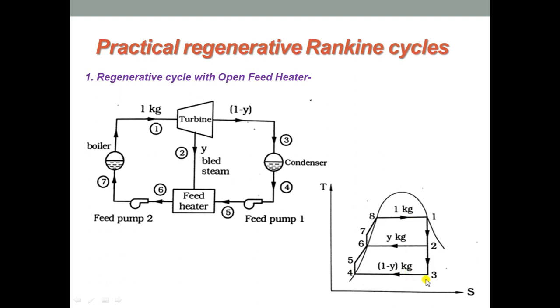After condensation from point 3 to point 4, the 1 minus Y kg of water is compressed in the feed pump to the bleeding pressure, which is P5, which is also equal to P2.